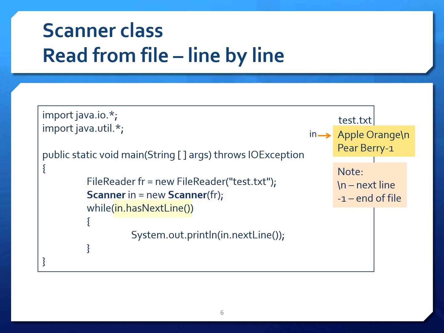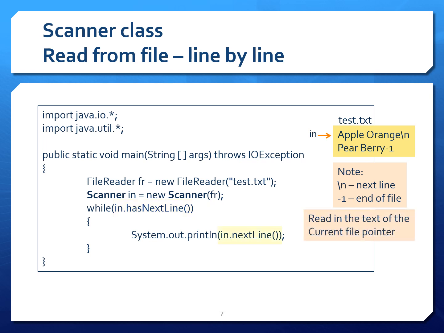In the while condition, in.hasNextLine() will return true if there is still content in the file to be read. Else it returns false when there is no more content to be read. Since the file pointer is at the beginning of the file, in.hasNextLine() returns true.